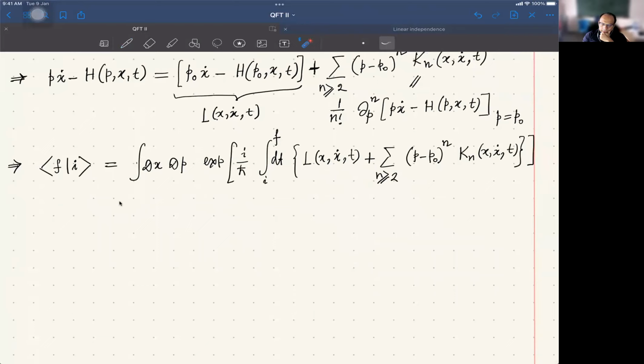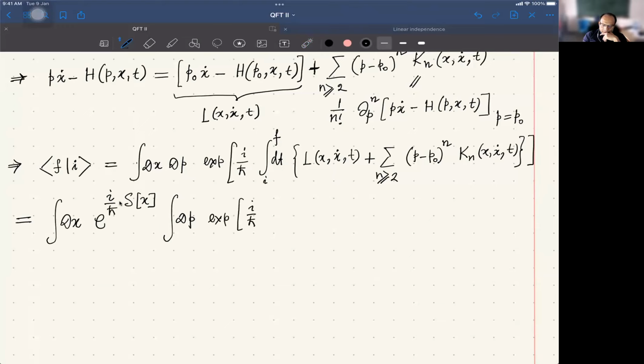So of course the first term is entirely dependent on x, and therefore can be taken out as a prefactor, and that prefactor is therefore dx e to the power i by h bar S[x], where S is integral dt L. The rest of the factor does depend on the p integral, and that's given by exponential i by h bar sum over n greater than or equal to 2 integral dt from i to f of (p minus p0) to the power n kn(x dot, t).